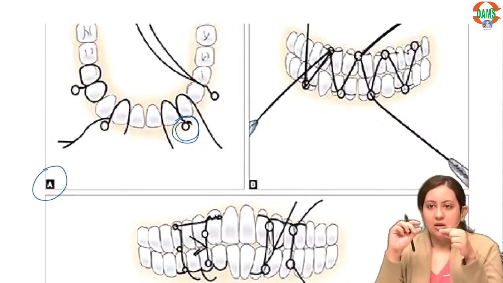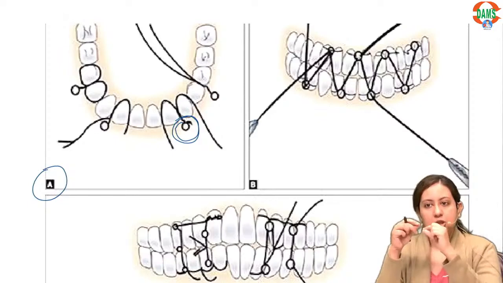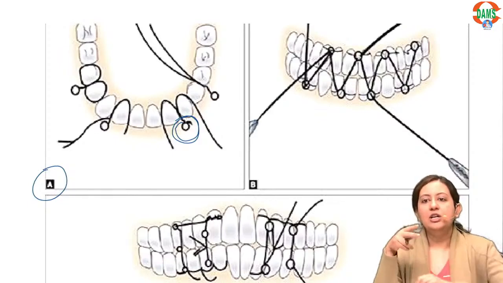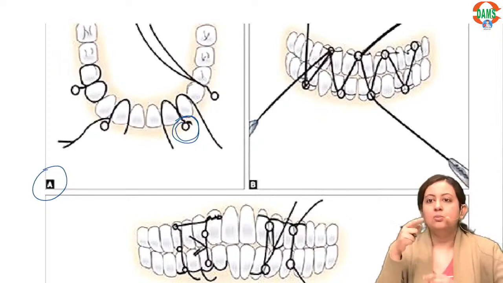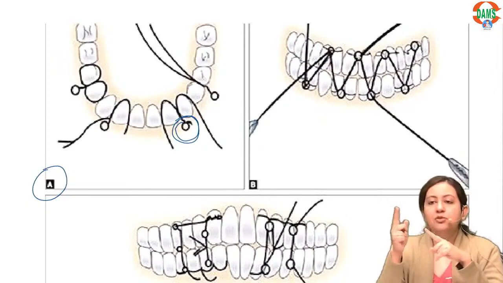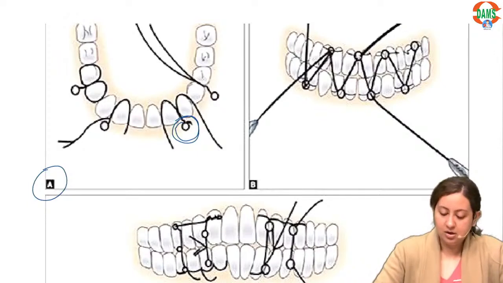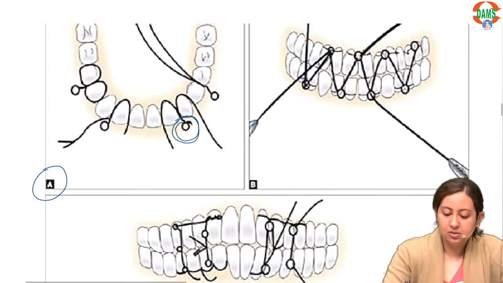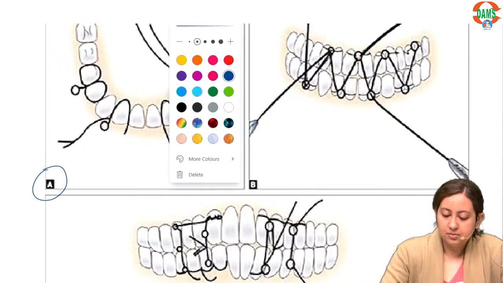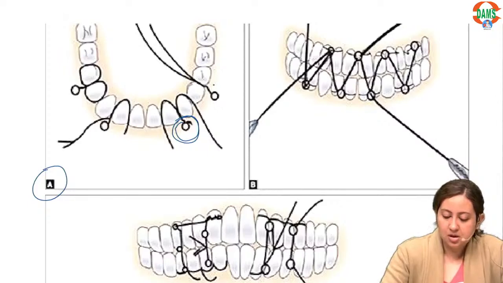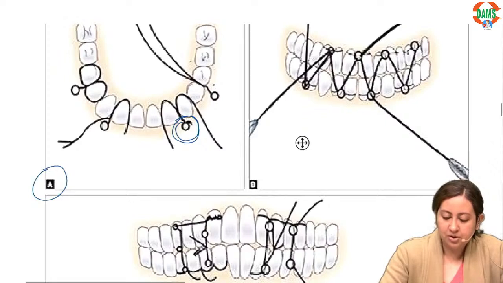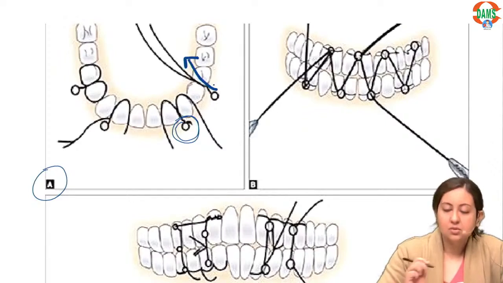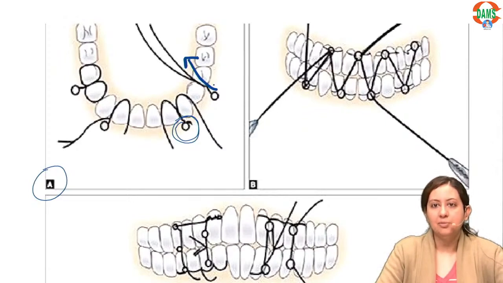So you take a wire, you make a loop, twist that wire, and then you make the wire enter from the interdental space of two adjacent teeth. You make the wire enter from here, where I've marked.